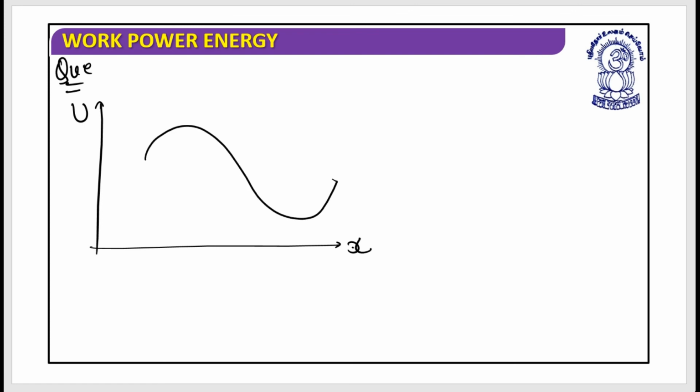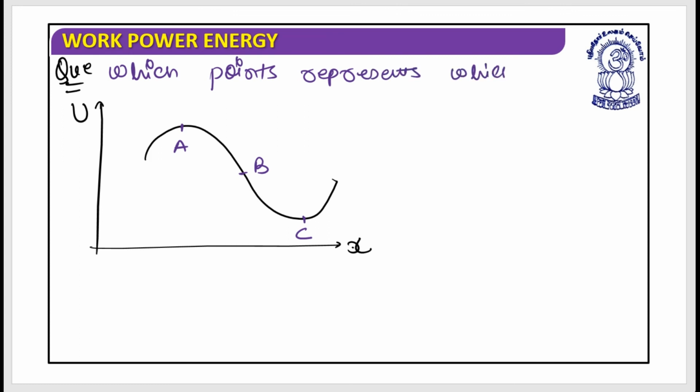They have denoted certain points: this is the location A, this is the location B, this is the location C, and they ask which points represent which equilibrium positions.